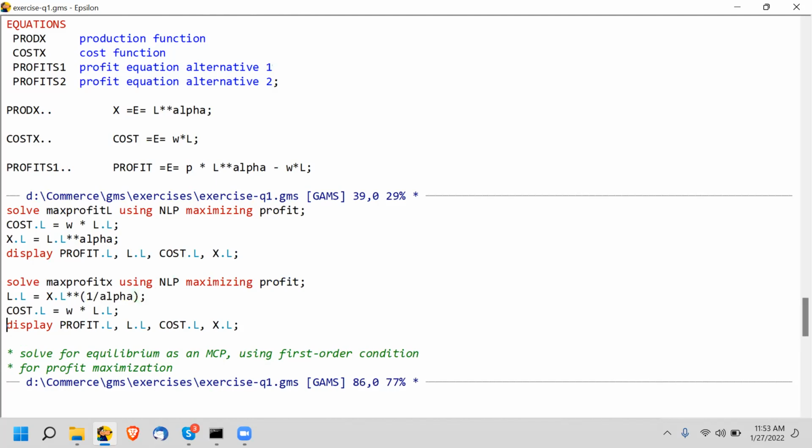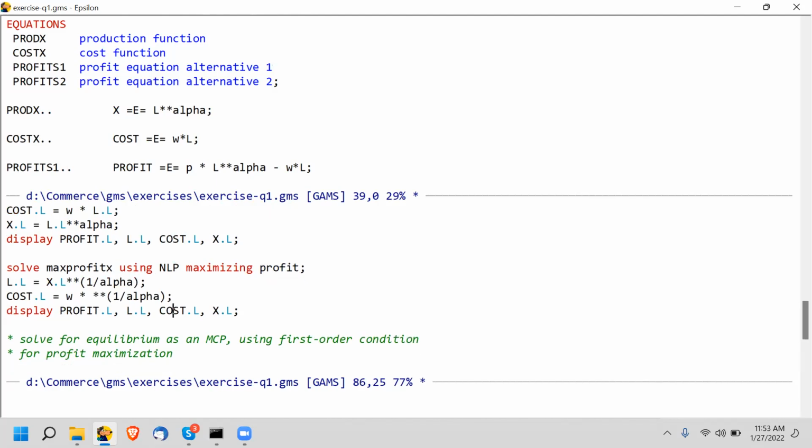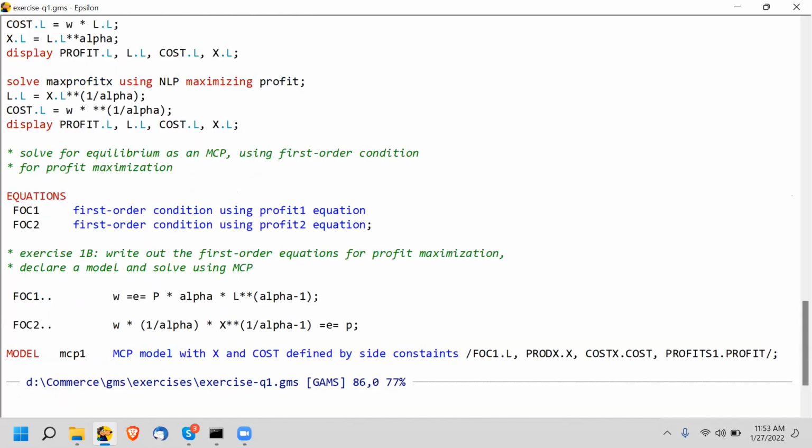Cost is equal to W times X to the 1 over alpha. And then we can report all three of those. I think you didn't put X in the cost. Well, I made a mistake. Yeah, you're just flipping it, not doing it in terms of X. Okay, I see. So I flip it, I can do it the other way. So I could maximize profit with a single X equation.